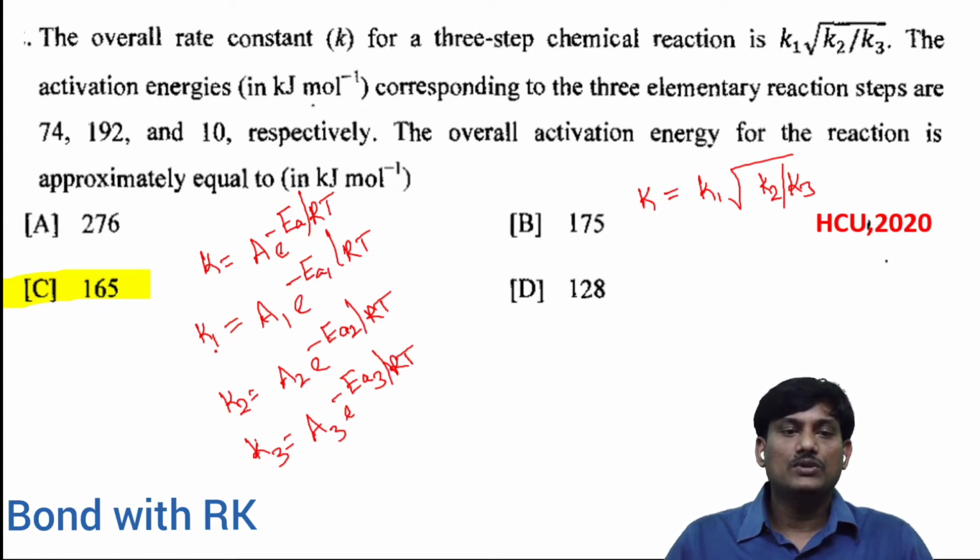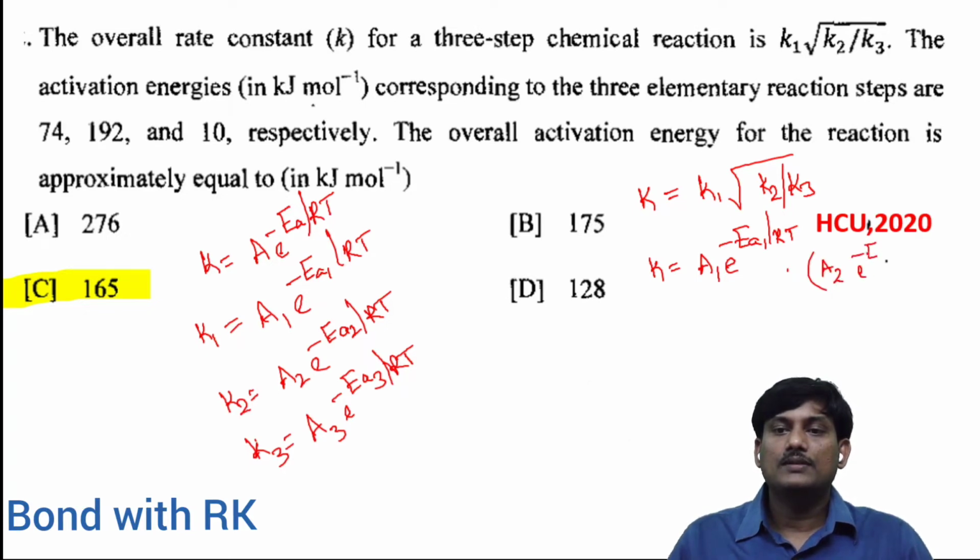So when you substitute, then K is equal to K1, K2 into K3, with each rate constant written as A e power of minus Ea by RT. So finally you will get A1 e power of minus Ea1 by RT into A2 e power of minus Ea2 by RT.